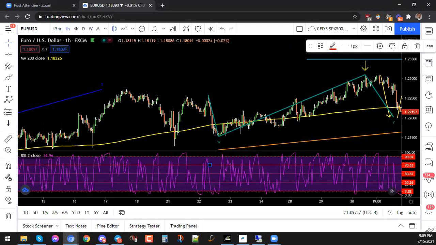So we would look at this as our overbought condition. So whenever the price comes into this overbought condition, we want to look at what the price is doing at that point. Okay? What is the price doing at the time that it goes into overbought? Now, if you look at this corrective structure, this is very, very complex, right?